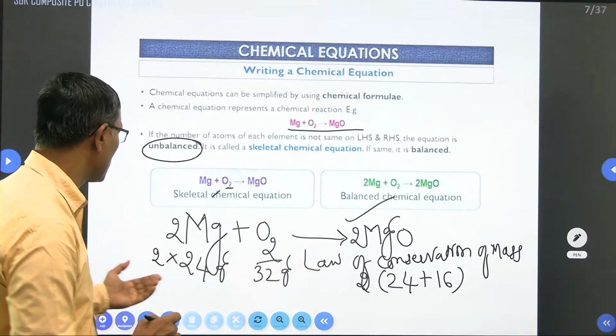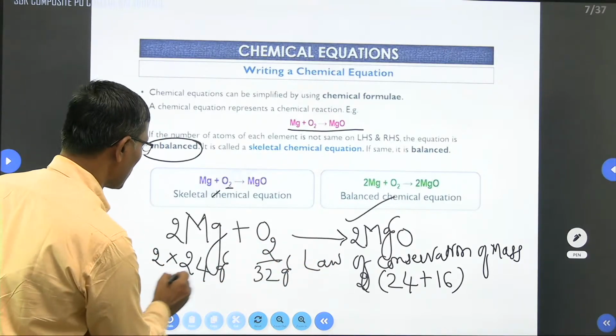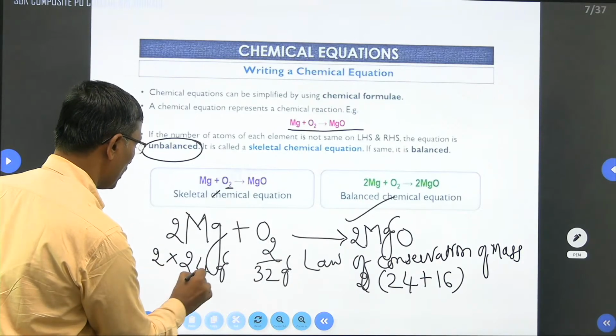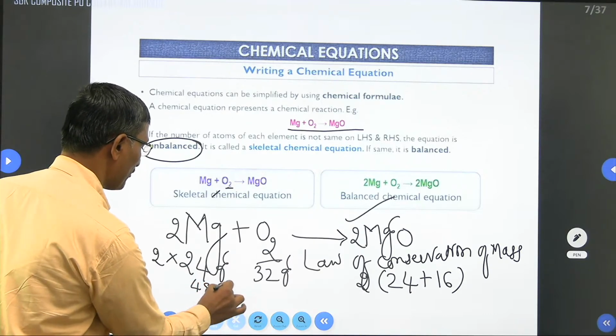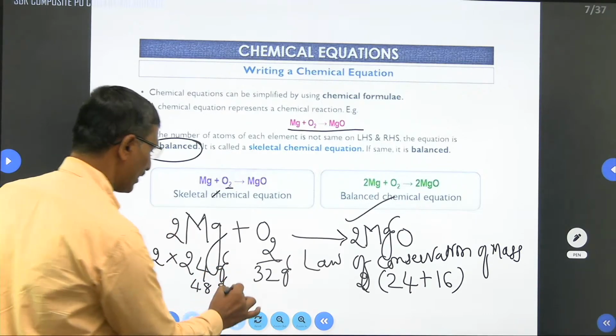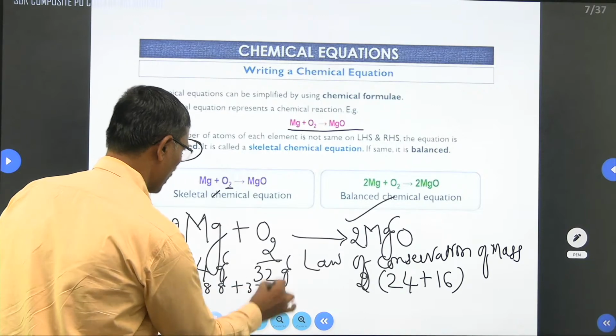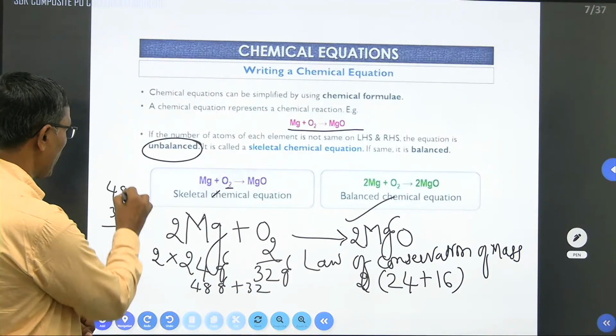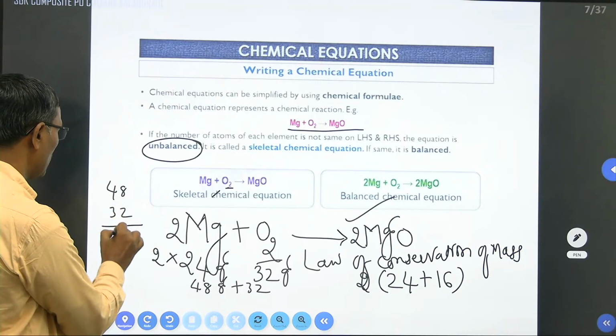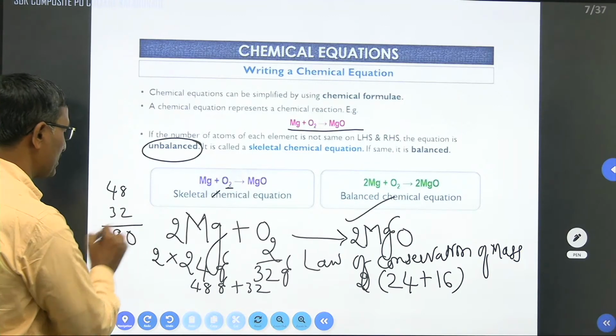You can see it is very simple. 24 into 2 is 48 gram of magnesium, plus 32. Adding 48 plus 32 gives 80 gram.